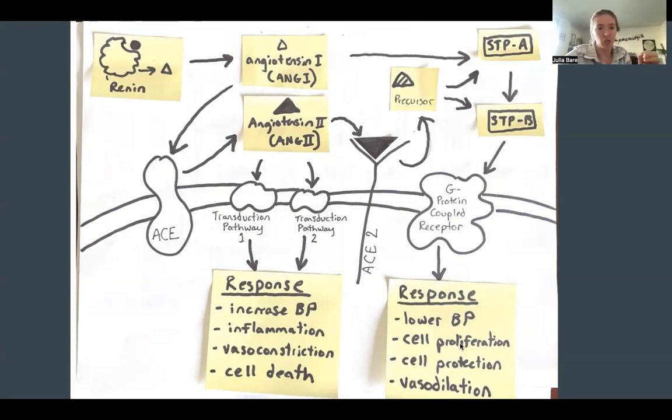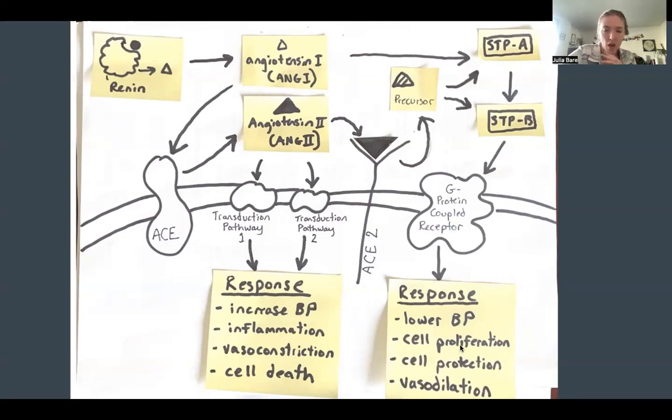So it'll cause your body to reproduce those cells that have gone through cell death. So I think I misspoke a second ago. I just wanted to emphasize that the second response in this pathway, cell proliferation, is an increase in cell proliferation, not a decrease in cell proliferation. If you have any questions about that, feel free to put those questions in the comments if that was at all confusing.